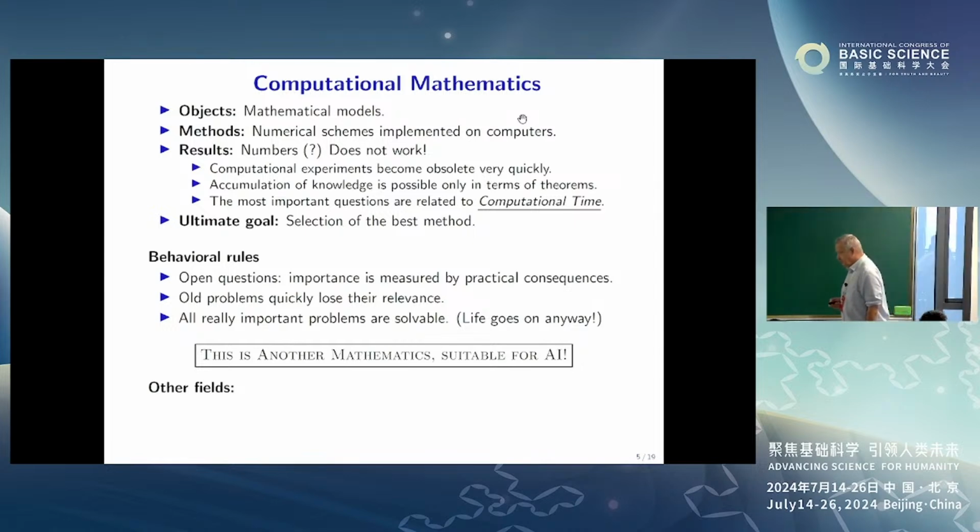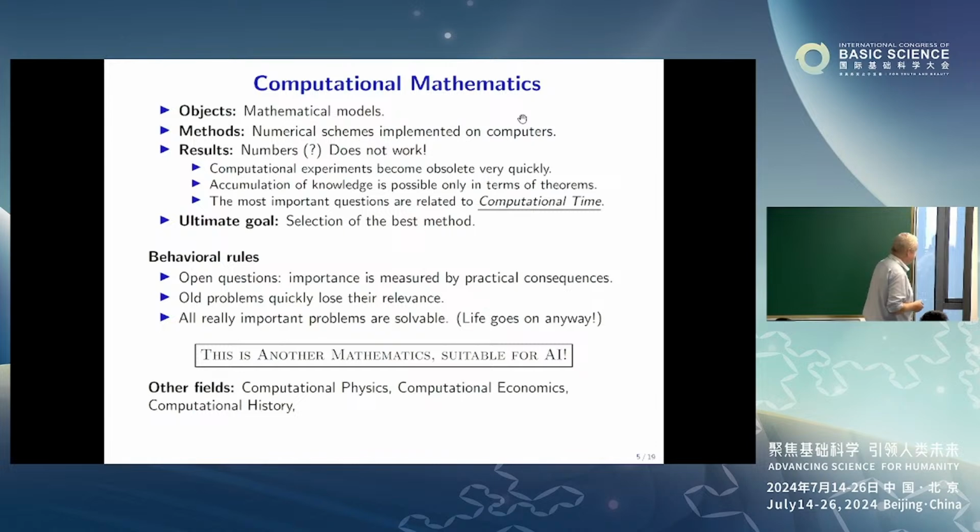we can physics about computer example. All of that will be developed somehow.